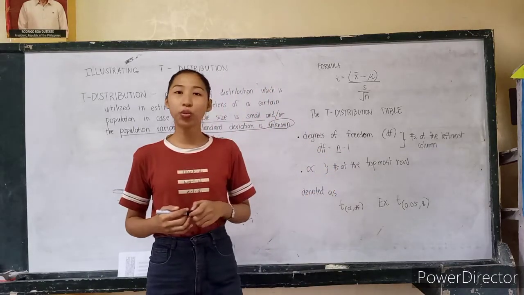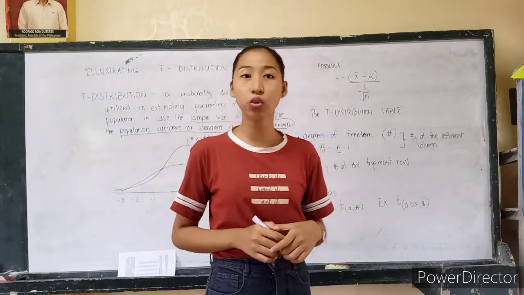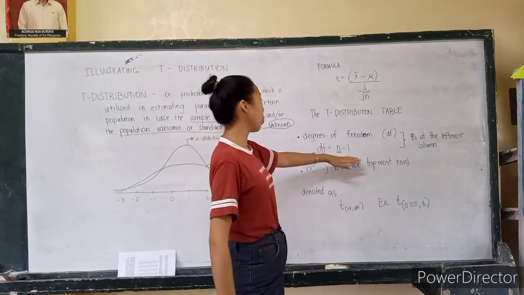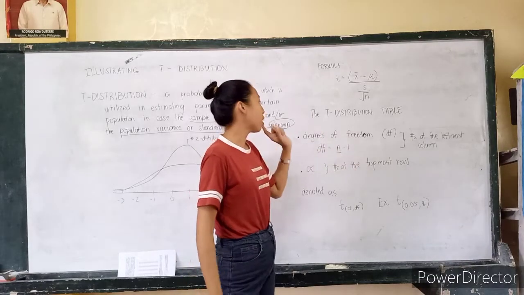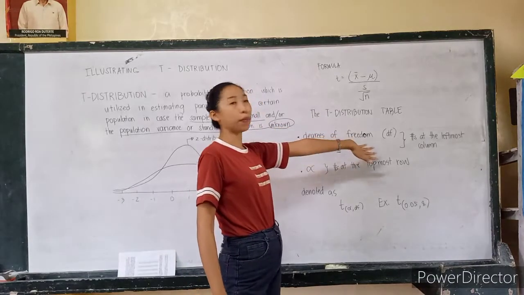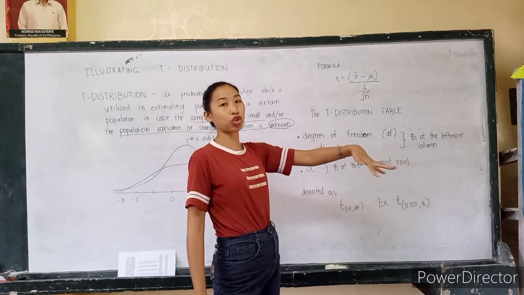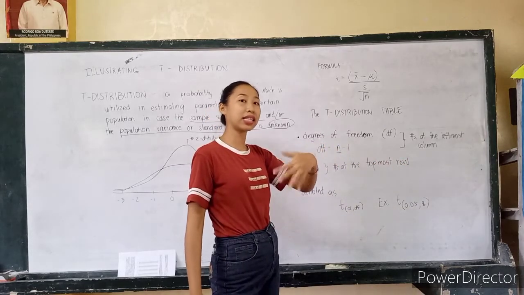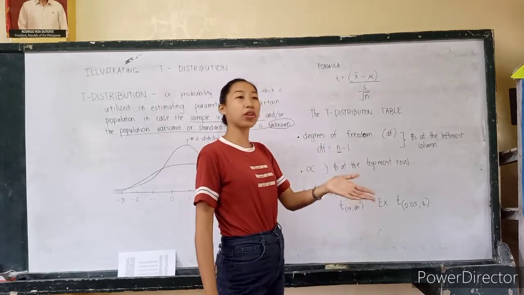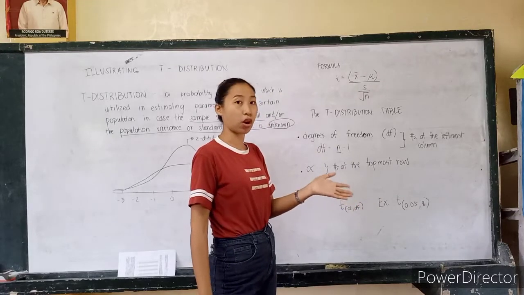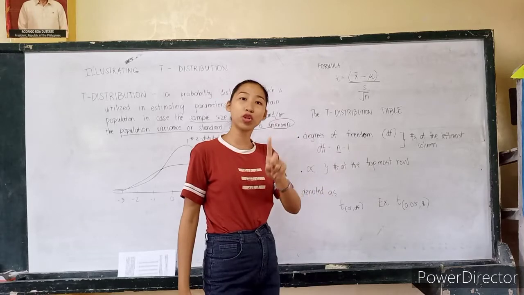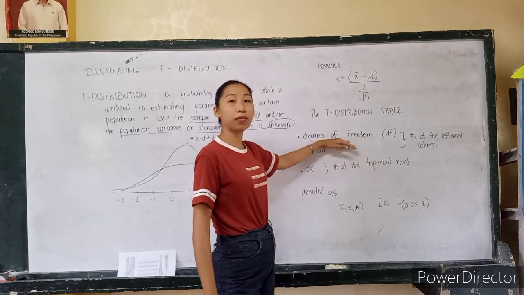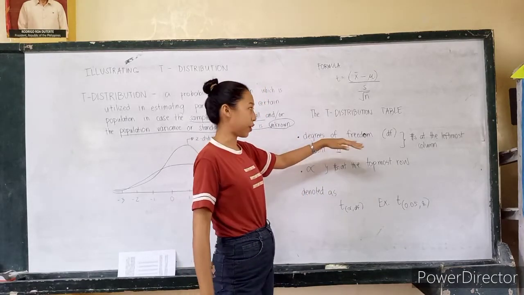All you have to do is get the sample size, then minus 1, and that is your degrees of freedom automatically. So if a problem or question does not give DF directly but gives your sample size, or n, then you can subtract 1 and you will get your degrees of freedom.